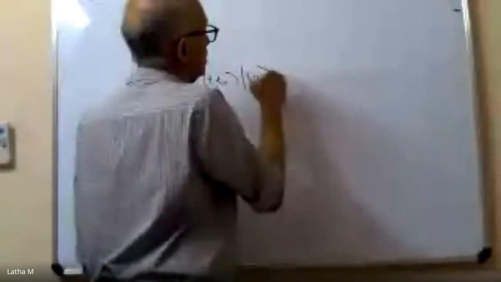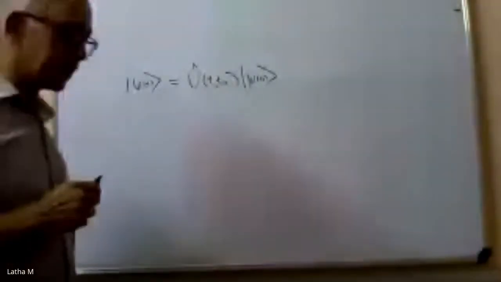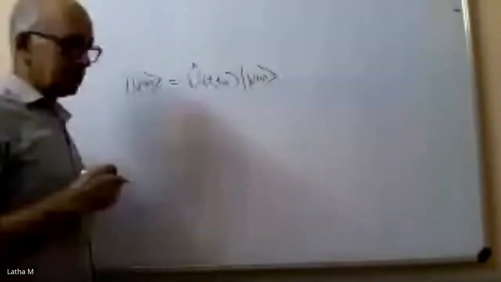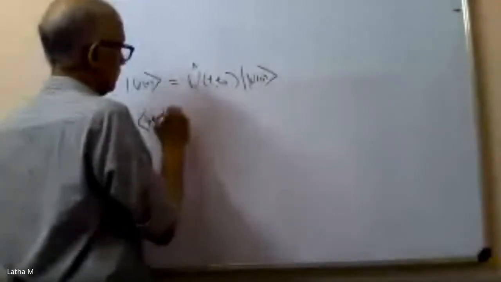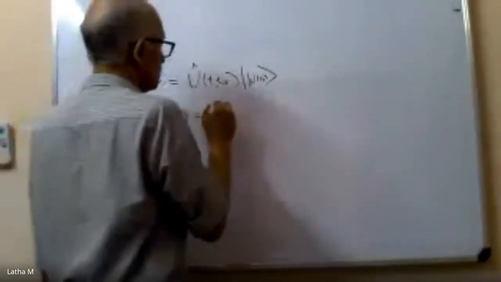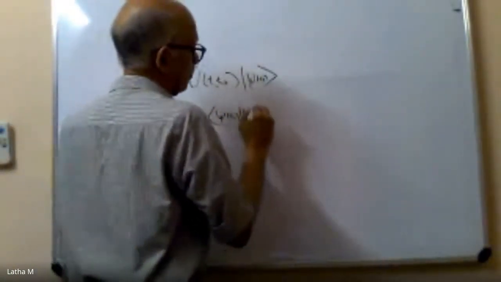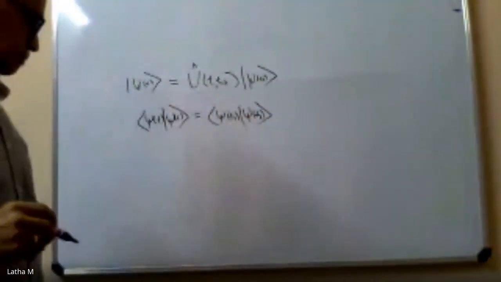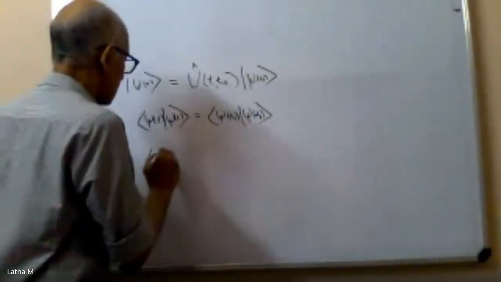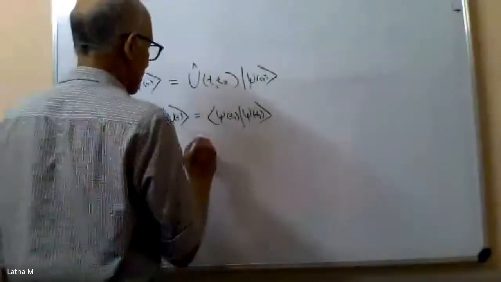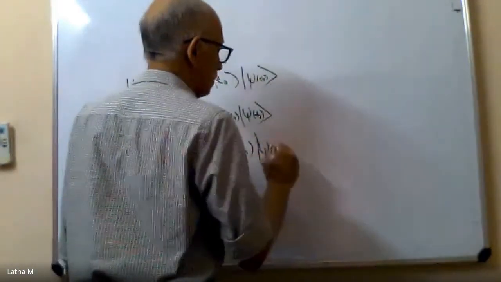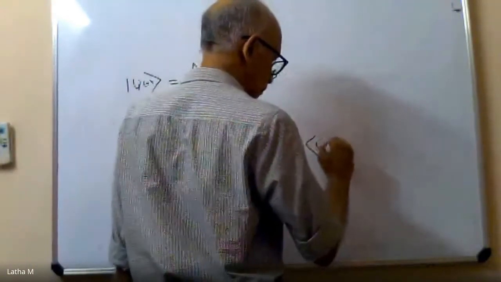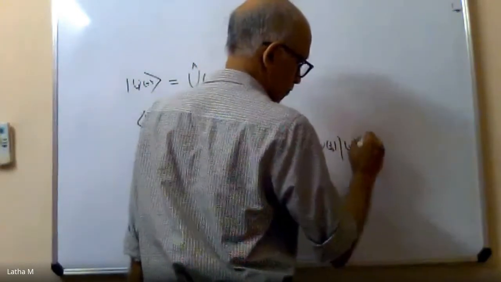Then the question is how psi(t0) evolves to psi(t), by some equation, psi(t) = U(t, t0) psi(t0). And since psi(t) is a vector in Hilbert space, it is required that the norm of psi(t) equals the norm of psi(t0).